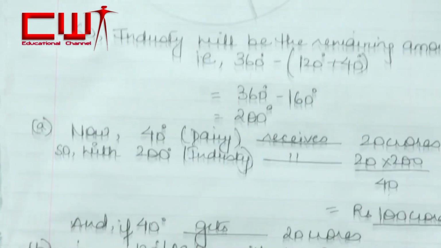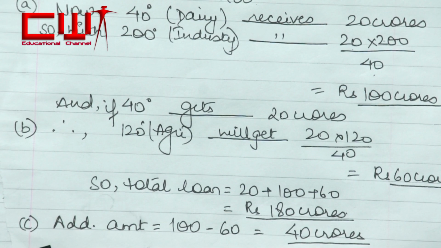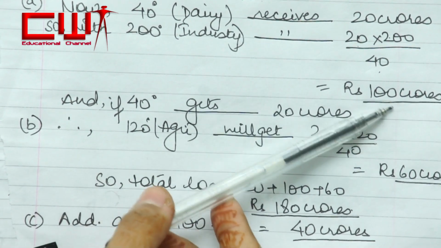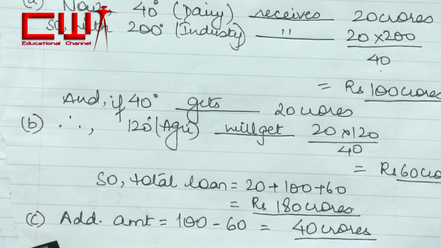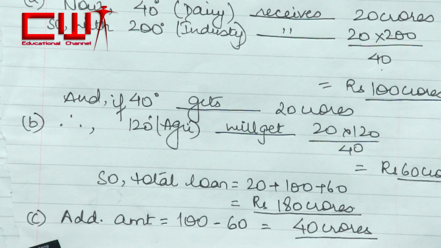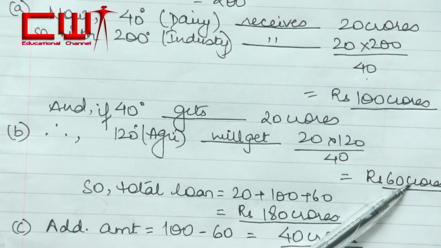Third, they ask how much additional amount did the industrial sector receive than the agriculture sector? Additional amount means the industrial sector is receiving how many crores? 100 crores. How much is the agricultural sector receiving? 60 crores. So one is receiving 100 crores, the other is receiving 60 crores.